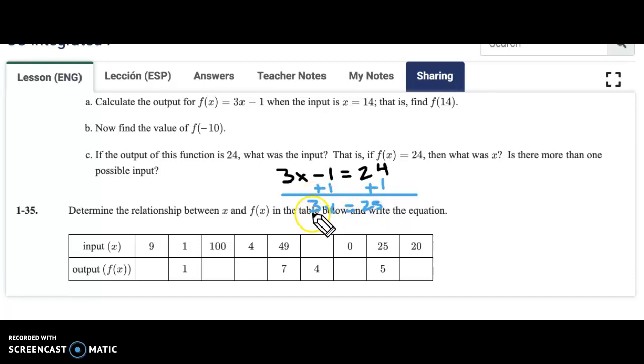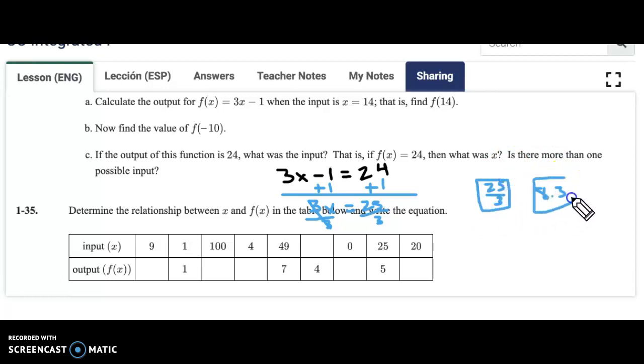It's being multiplied by 3, so we're going to again do the opposite, which is dividing. And we can either get a fraction and leave it as 25 thirds, or, if we really wanted to, write that as a decimal, and 25 thirds would be 8.3. So either one of these would be acceptable answers for this problem.